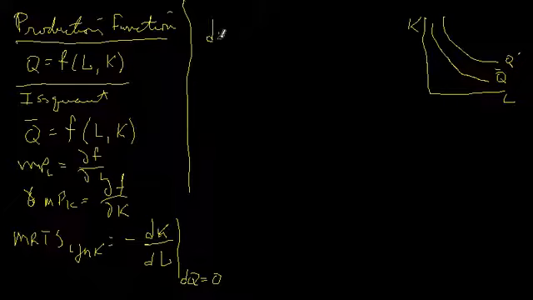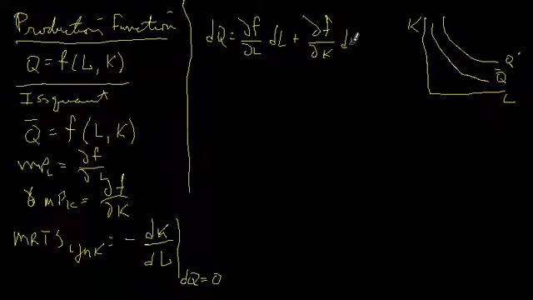So we know that dq is equal to the partial derivative of f with respect to L, dL, plus the partial derivative of f, the production function, with respect to K, dK. And we want to make sure that dq is equal to 0, so we'll set it equal to 0.